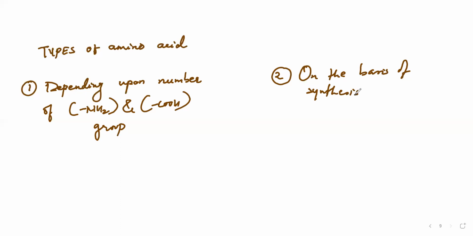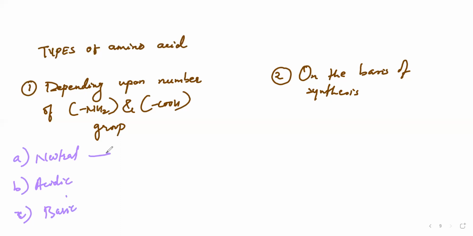Depending upon the number of amino as well as carboxyl group, again there are three types in it. First one is the neutral, second is acidic, and third is basic.